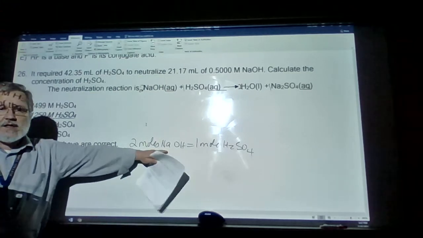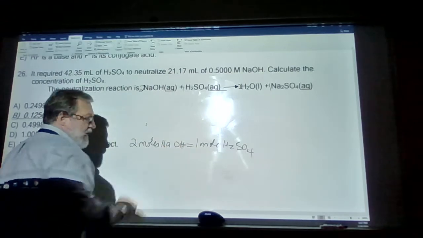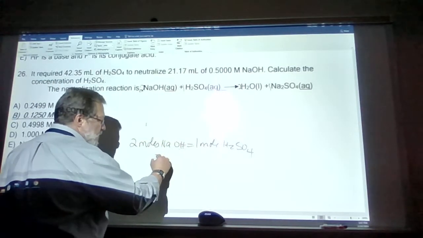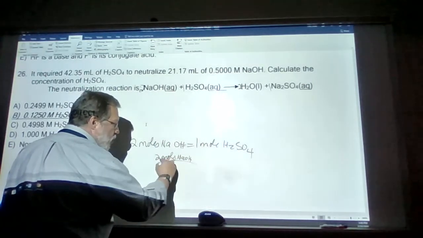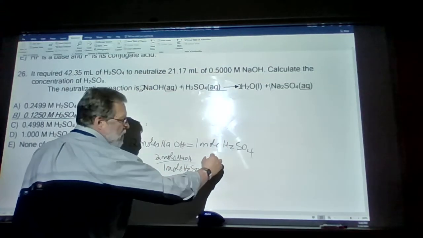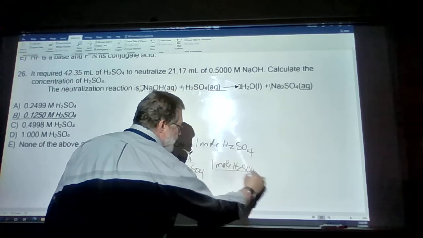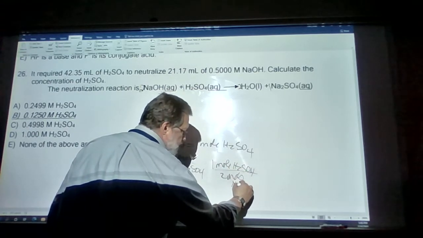This is an equality. As I shout in class, any equality can be creating two fractional friends. So we have 2 moles NaOH per 1 mole H2SO4, or 1 mole H2SO4 for 2 moles NaOH.